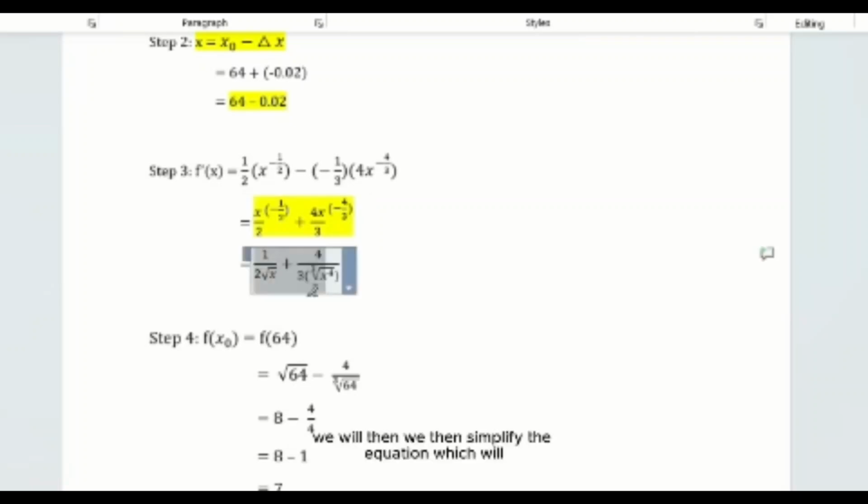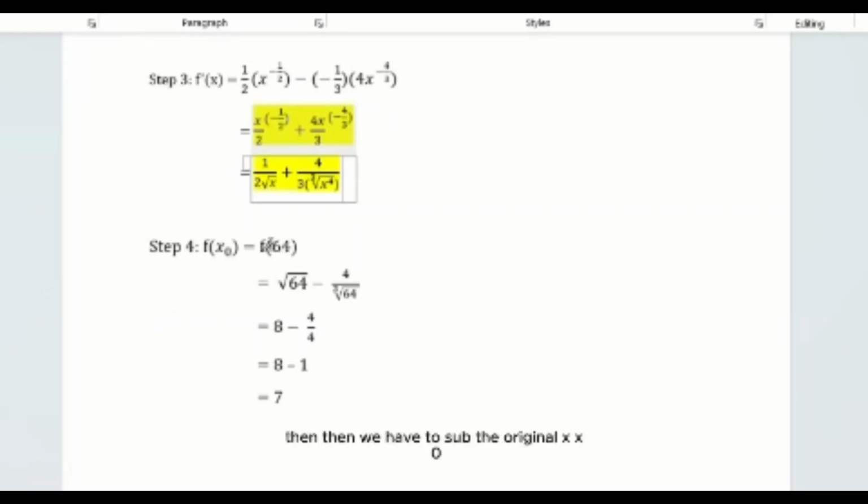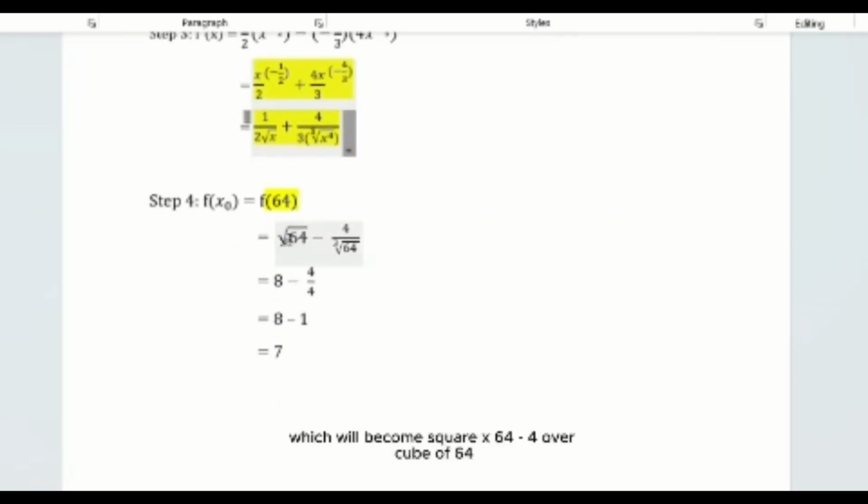We then simplify, which becomes 1 over 2 square root of x plus 4 over 3 cube root of x to the power 4. Then we substitute the original x0, which is 64, into the original equation, which becomes square root of 64 minus 4 over cube root of 64, which is 8 minus 4 over 4, which is 1. Therefore, you get the answer of 7.